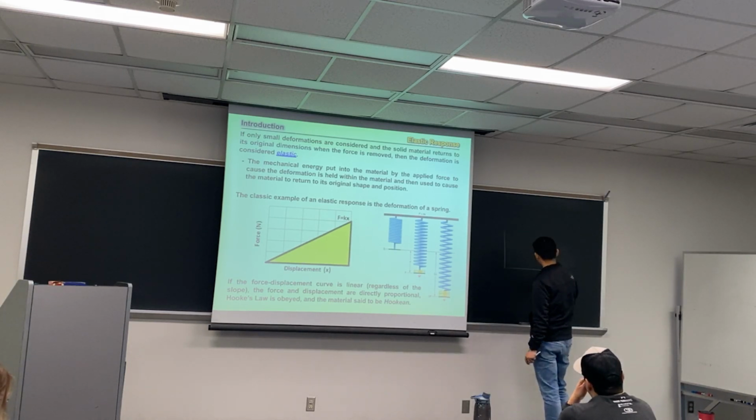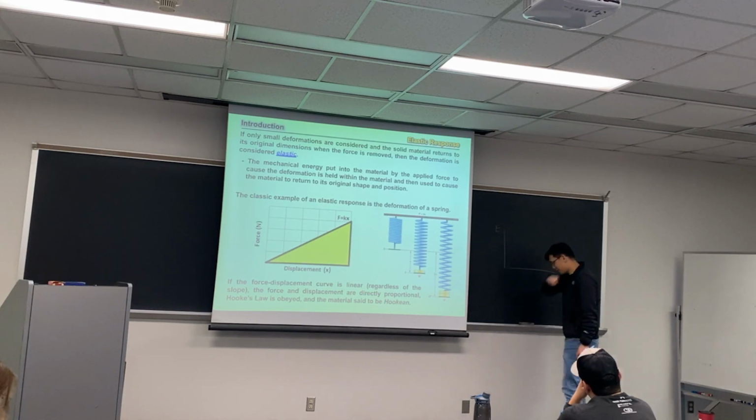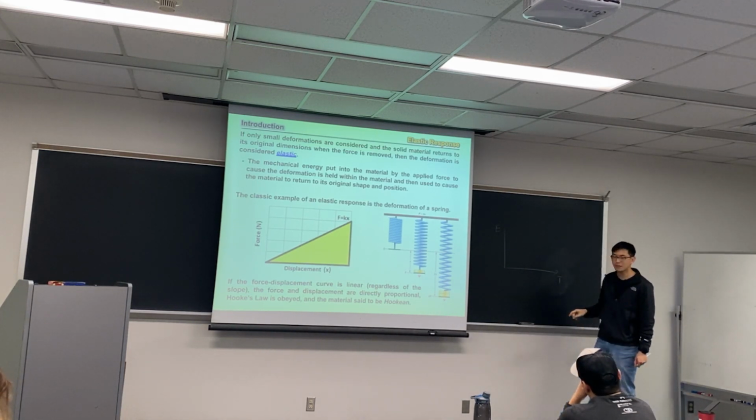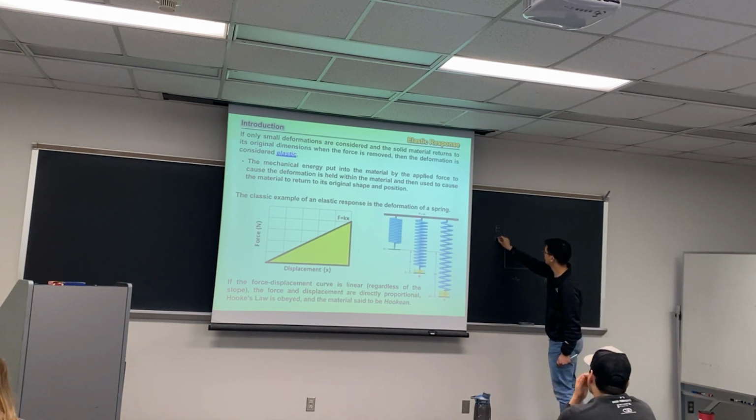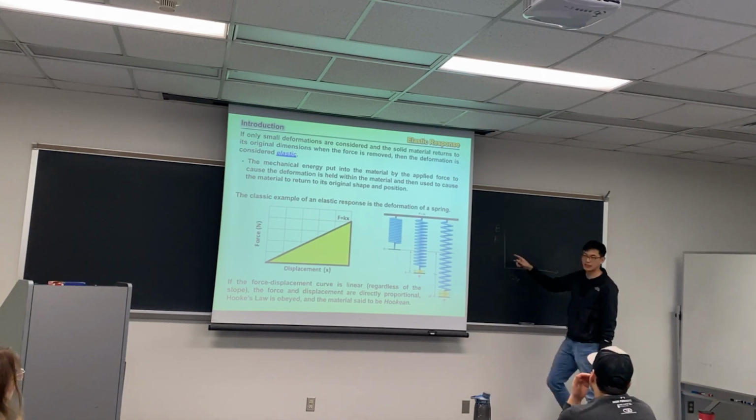If we plot temperature versus modulus, let's say this is room temperature, this is minus 50. E is the modulus for the polymer, K is the modulus for the spring.